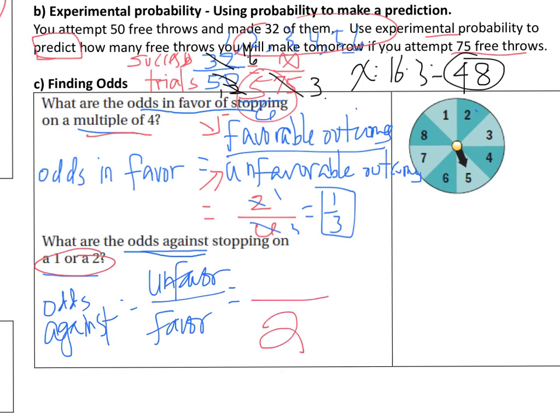But I am looking for the odds against stopping on 1 or 2. So there are 6 possibilities, 3, 4, 5, 6, 7, 8, that will prevent me from stopping on 1 or 2. So I need to put 6 in the numerator. And then I can simplify. My final answer is 3 to 1.